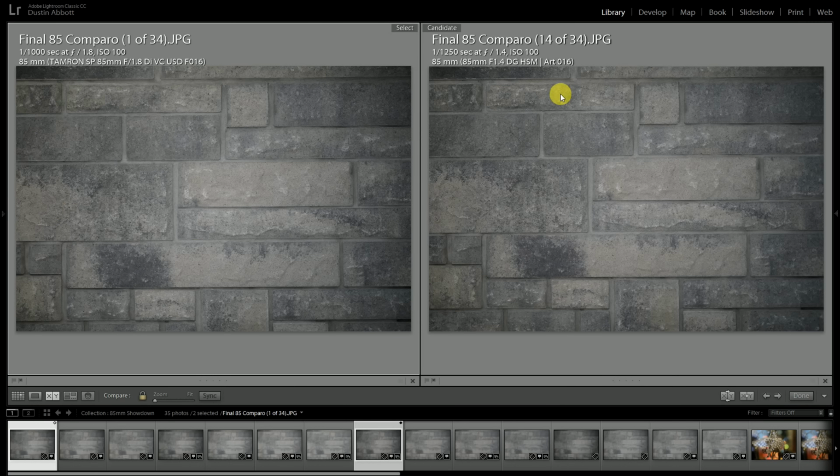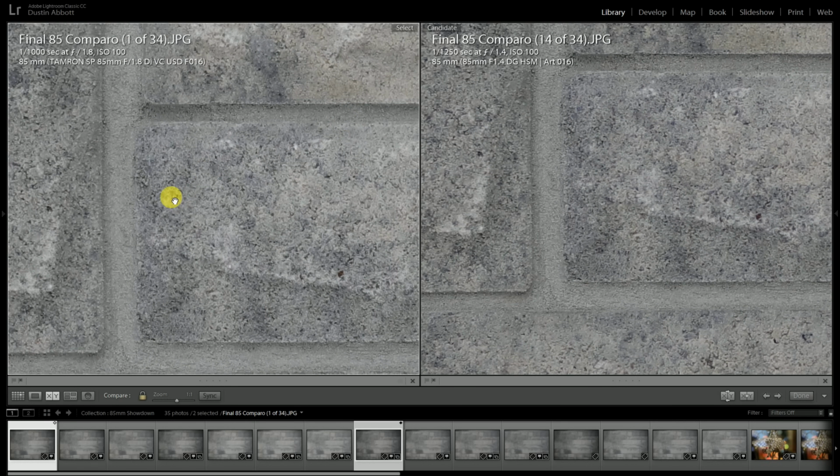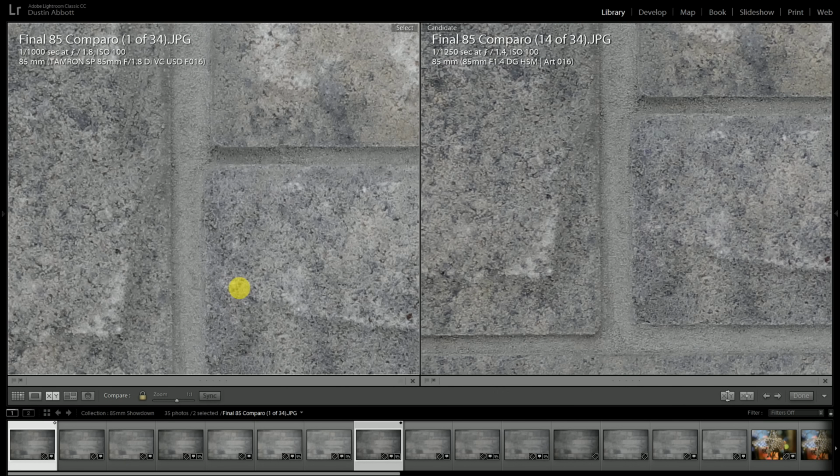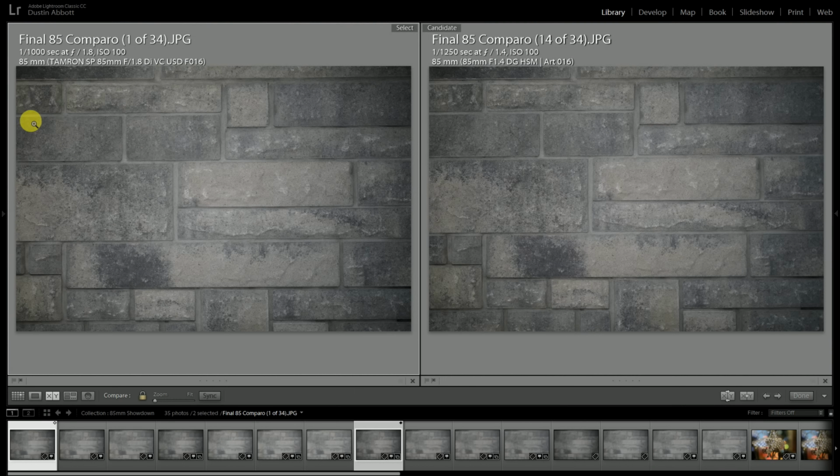Now if we compare the Tamron and the Sigma, just so you can see all of these comparisons here, in the center of the frame, I think that the Sigma has the slightest edge. It's not really much, but I think the Sigma is a little bit stronger in the center of the frame.